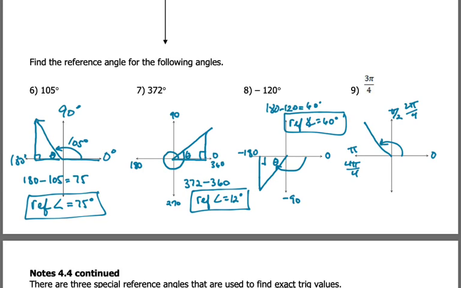And so this angle would be 3 pi over 4. All right, and then we're going to make a reference triangle with that terminal side and the closest x-axis. This will be our reference angle right here. So to figure out what our reference angle is, we're going to do 4 pi over 4 minus 3 pi over 4 to figure out that our reference angle is pi over 4.